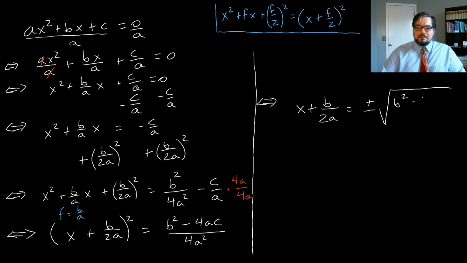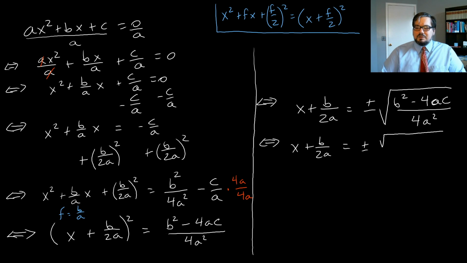This means that we can look at b squared minus 4ac all over 4a squared, and continue to simplify from there. So this is going to be plus or minus.